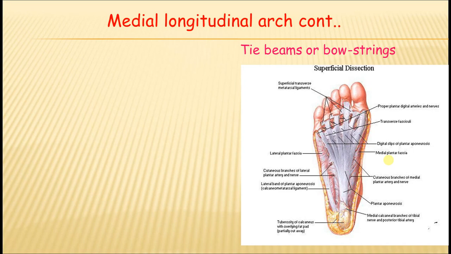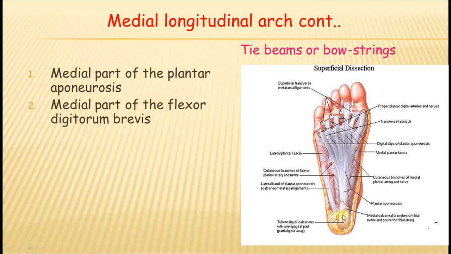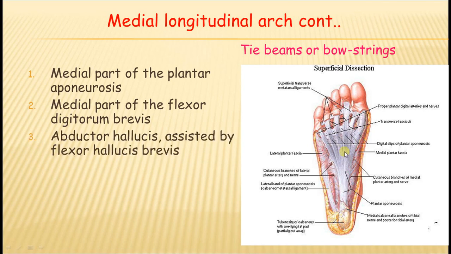Okay, so tie beam is mainly by the plantar aponeurosis, maintaining the medial part of it. Flexor digitorum brevis also acting as a tie beam. Flexor digitorum brevis, abductor hallucis assisted by flexor hallucis. These are all tie beam mechanisms or bowstring for the arch.